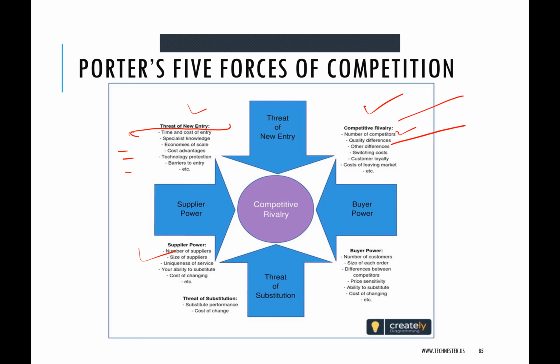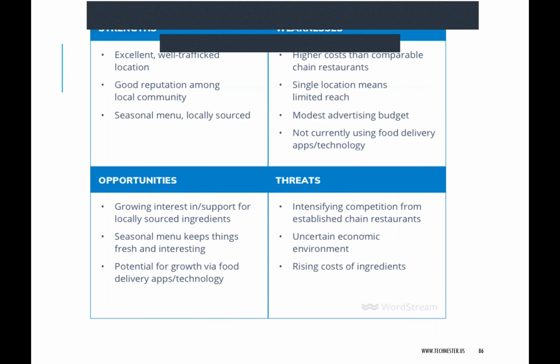After you get all the responses, you will now go and put this in your SWOT analysis table, right? So your PESTLE will help you fill this place, your opportunities and threats. Or Porter's 5 forces can help you fill this place.